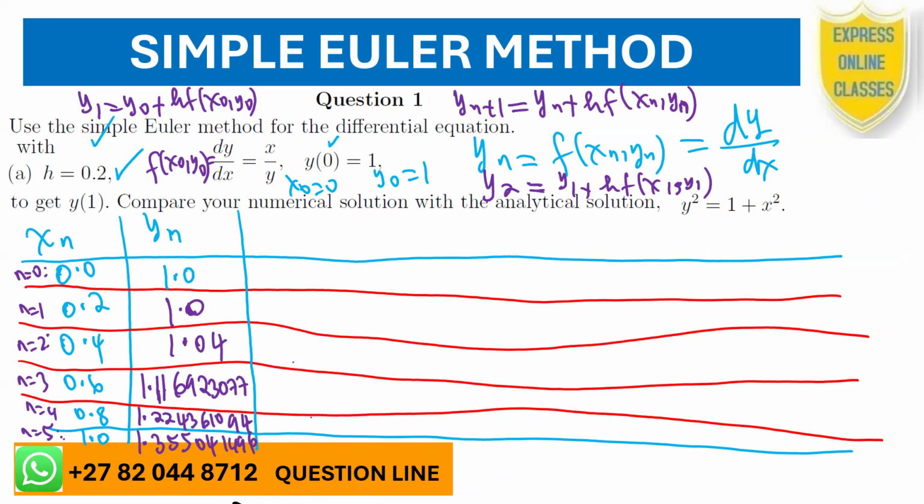Okay, so we found all the y's, and now we need to find the y primes. The y primes are found as follows. The yn prime is dy/dx.